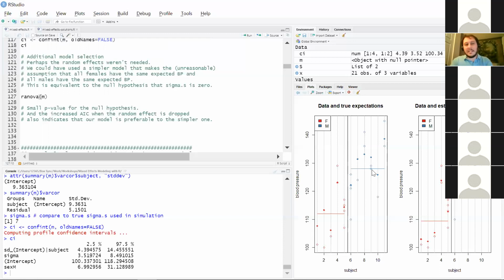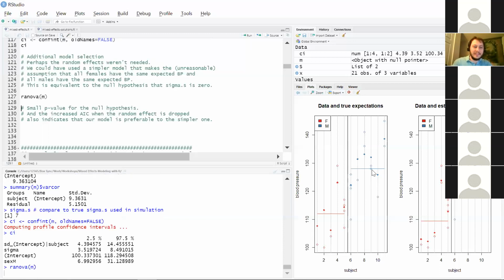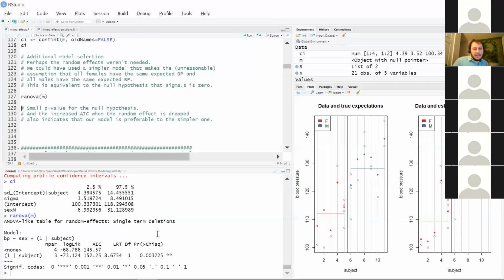But if you wanted to test it, RANOVA is the command. I don't know if this is from the lmerTest function or from the lme4 library, but RANOVA is an ANOVA-like table for random effects. And here's what it says.